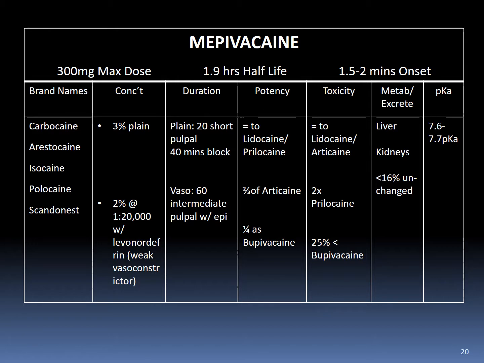Its toxicity is also similar to lidocaine and articaine. It is 2 times more toxic than prilocaine and only 25% as toxic as bupivacaine. It is metabolized in the liver and excreted in the kidneys, and the pKa is somewhere between 7.6 and 7.7.